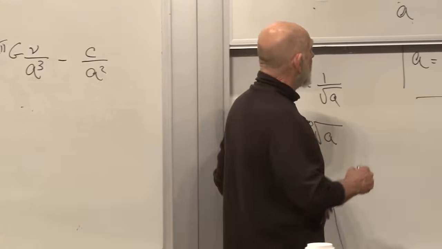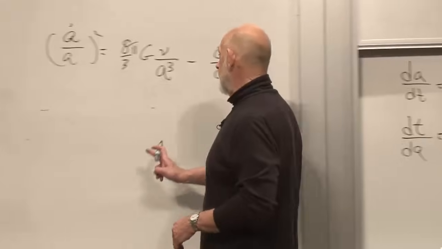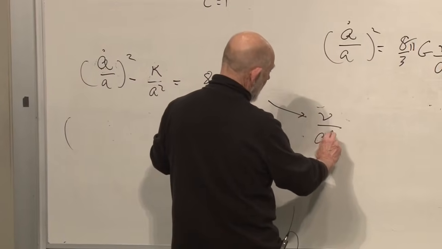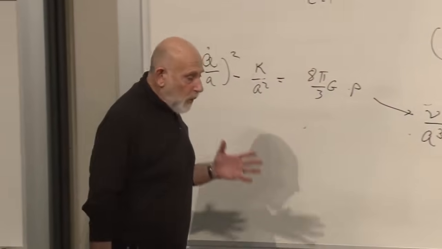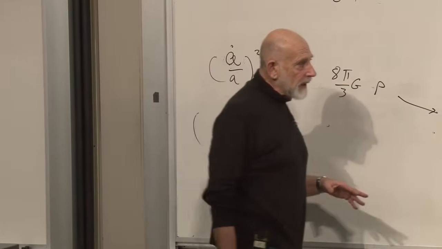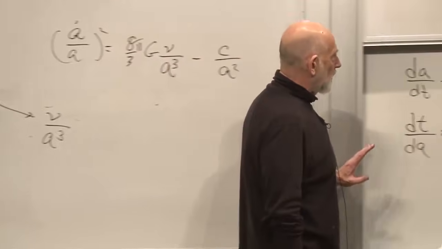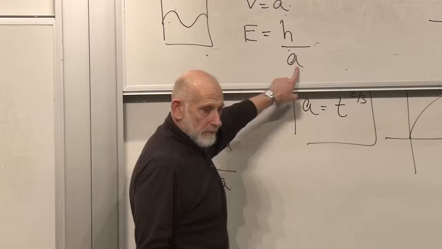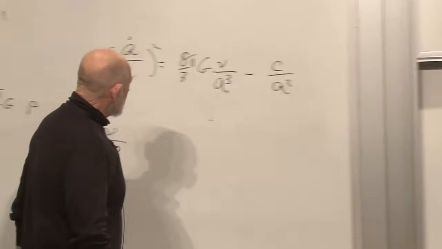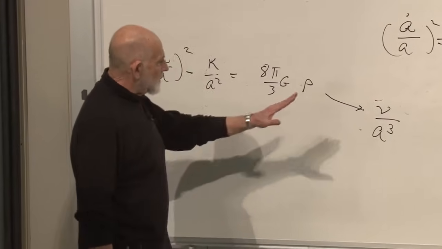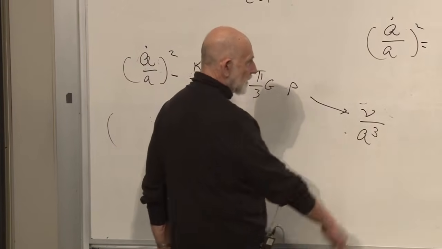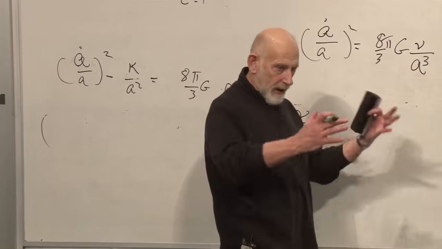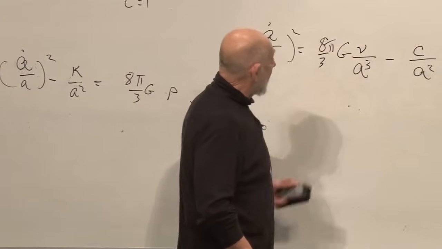Remember previously, the density we said was some constant nu divided by A cubed. Now we get one more factor of A in the denominator, just because every particle's energy decreases by 1 extra power of A. Nu could be taken now to be the number of photons per unit volume in a box, and the energy density would be 1 over A to the 4th.